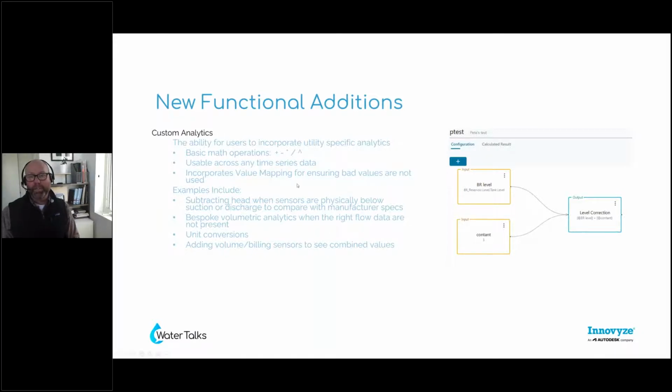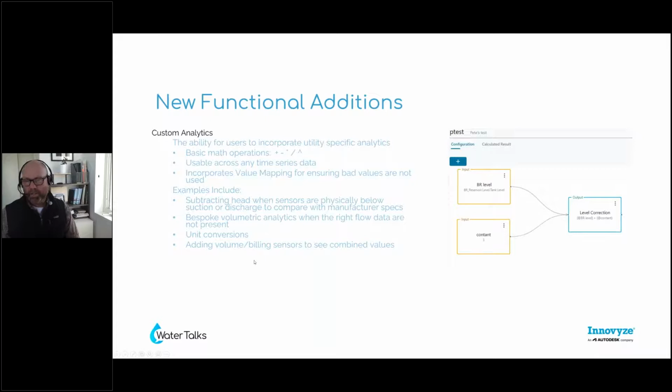These are usable across any time series data, and they do incorporate any of the value mapping to ensure data integrity. Sorry, value mapping is our functional name for when the system really is scrubbing your data as it comes in the door. So it incorporates data scrubbing, is really what I should have put here.